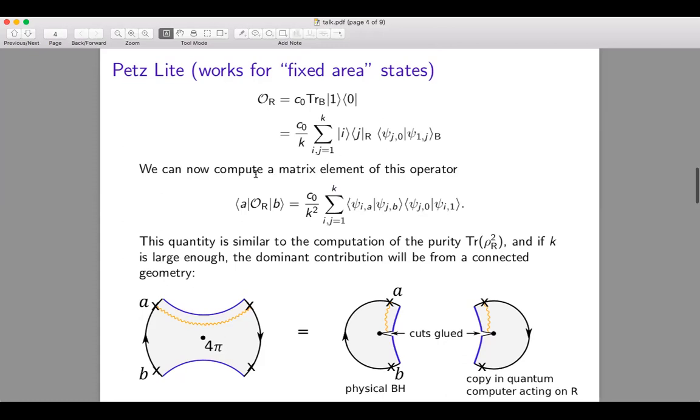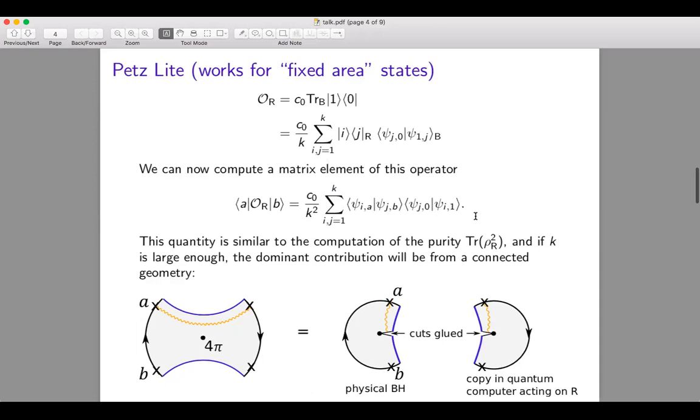It acts in the system R, and we're hoping that it's going to take state 0 into state 1. So to check if it works, what we would like to do is compute a matrix element of this operator between two states, A and B, where A and B could individually either be 0 or 1. And if you write out that matrix element using the formula for the operator on the previous line, you find the expression written here.